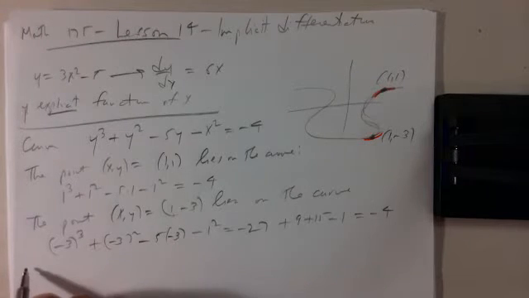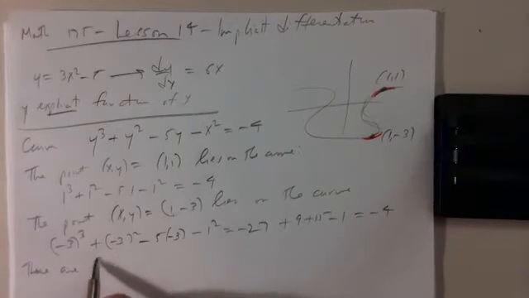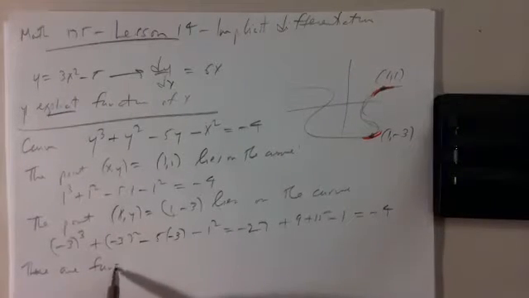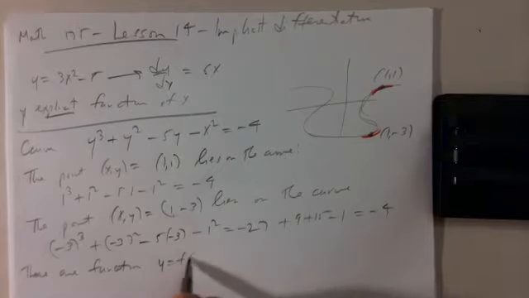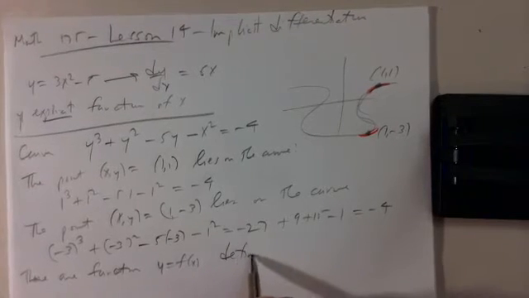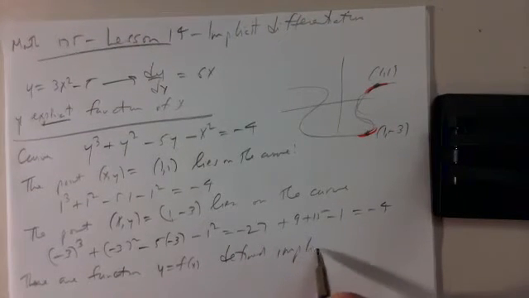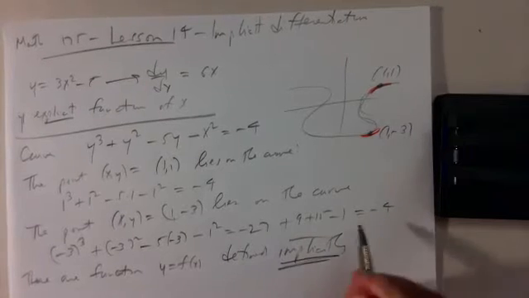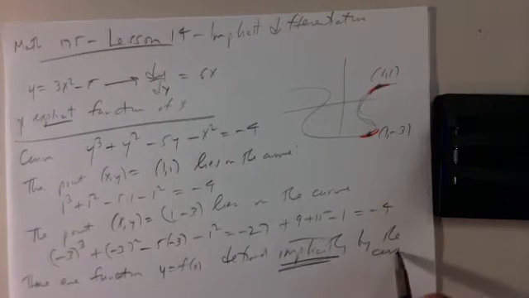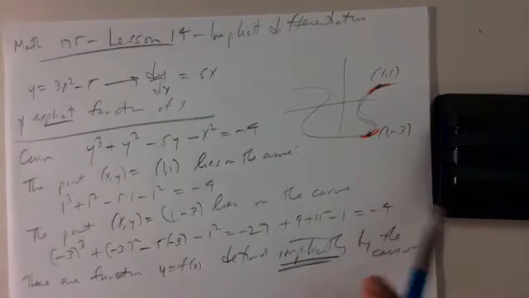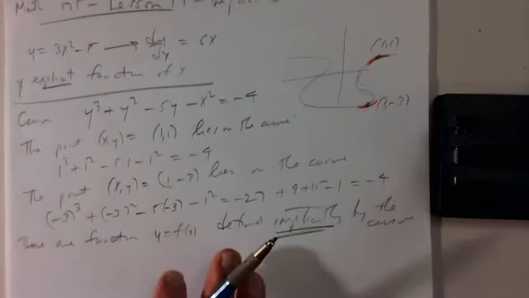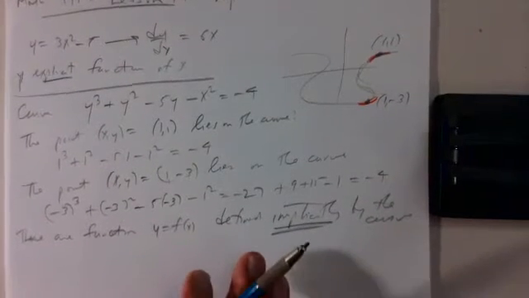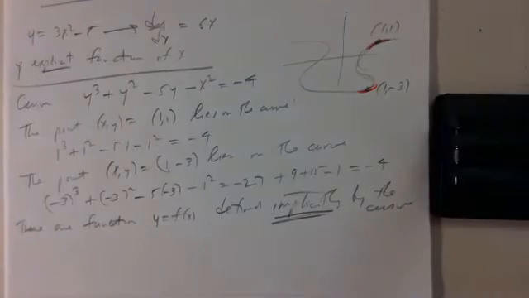So let me just say there are functions defined implicitly by the curve. I can't write them down explicitly, but we know they're there. And in fact, it's often possible, even though we cannot write the function explicitly, to compute its derivative.